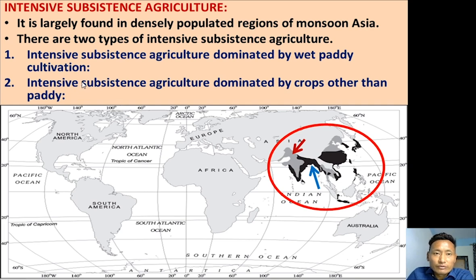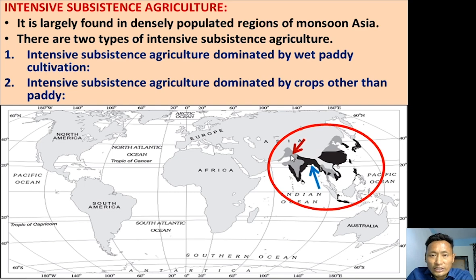Another type is intensive subsistence agriculture dominated by crops other than paddy. That means this light shaded area. I have made an arrow, a red one, one showing the dark one and one showing the red one.